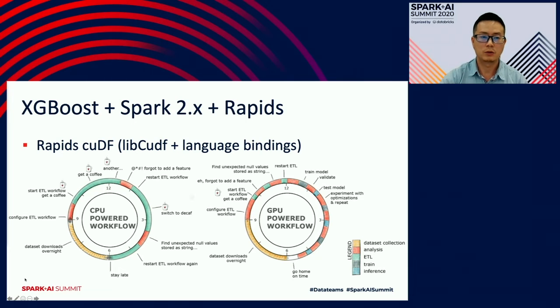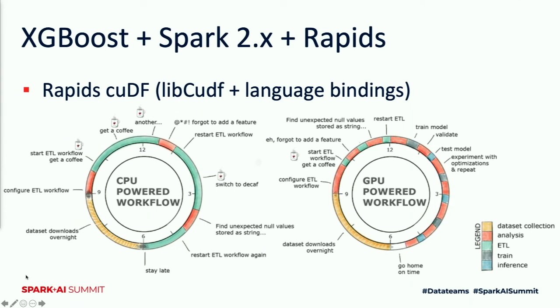But looking at the whole machine learning workflow, if you are working on machine learning, you probably know training models and doing predictions is a pretty small portion of your whole work. Most of your time will be spent on data preparation. Just like the picture shows, on the left you have the traditional CPU-powered workflow.